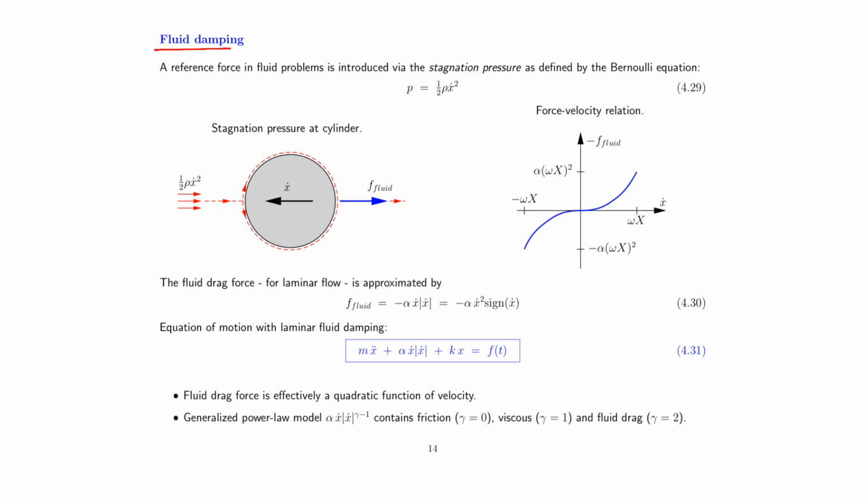The final case we will here refer to as fluid damping. It is associated with a stream of material around basically a structure, but in most cases the analysis is most appropriate for a cylinder, but the coefficient of our damping model depends very much on the geometry of the body that the flow is streaming around.